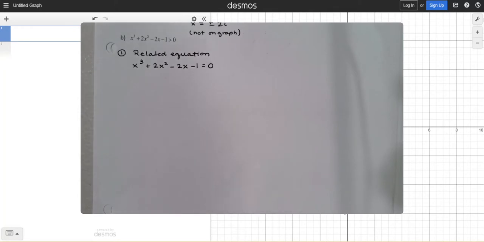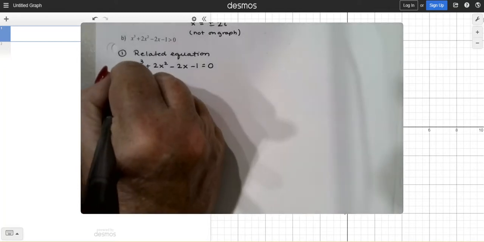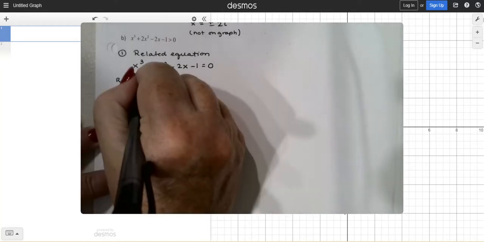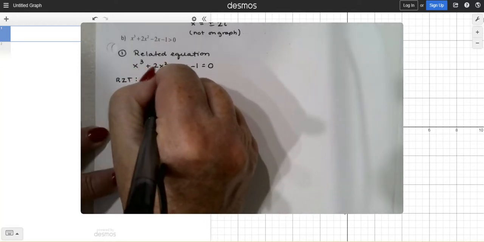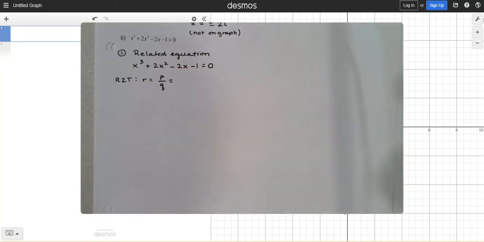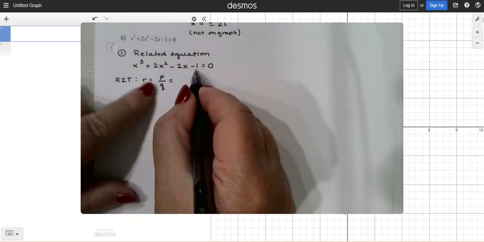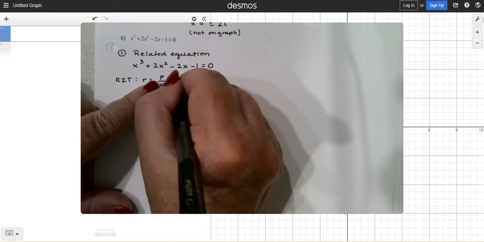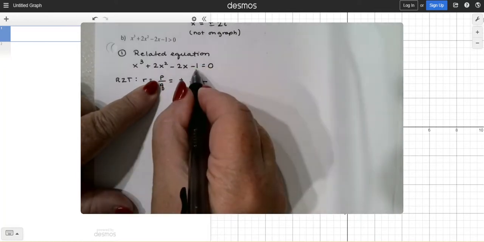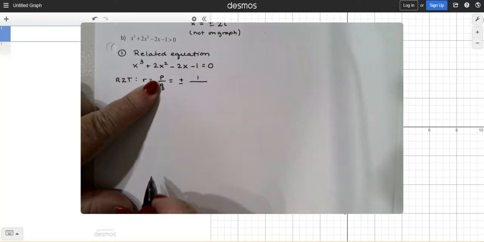When factoring doesn't work, what I have to fall back on is my rational zeros theorem. So I'm going to think rational zeros theorem here. So P over Q. P is the factors of the constant, which could be plus or minus, and the factors of 1 are just 1.